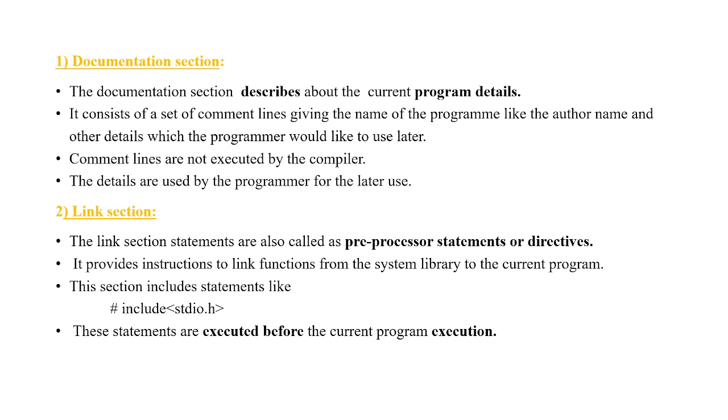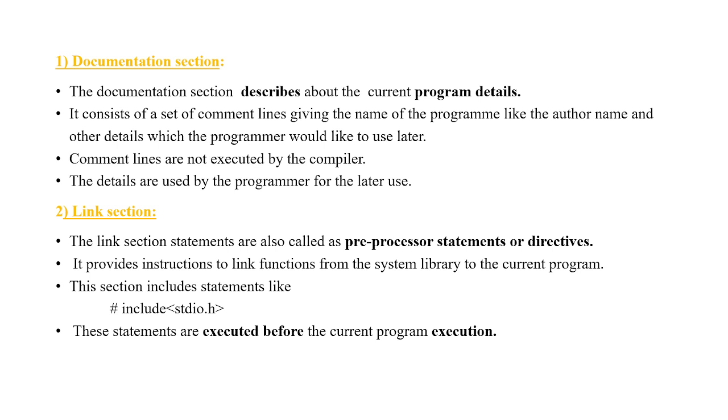Because the user of the program can utilize this information for later purposes, and that is the reason we provide the description of the current program in the documentation section using comment lines. The symbol used to specify a single comment line is //. If we want to provide multiple comment lines, we use the symbol /*, start the comment, and end with */.